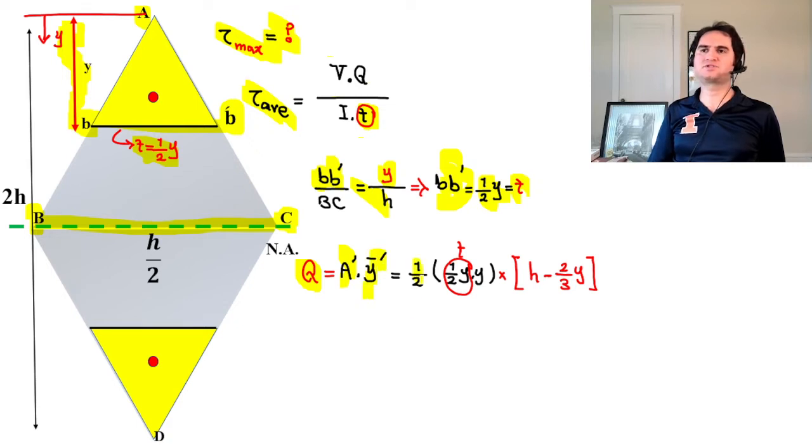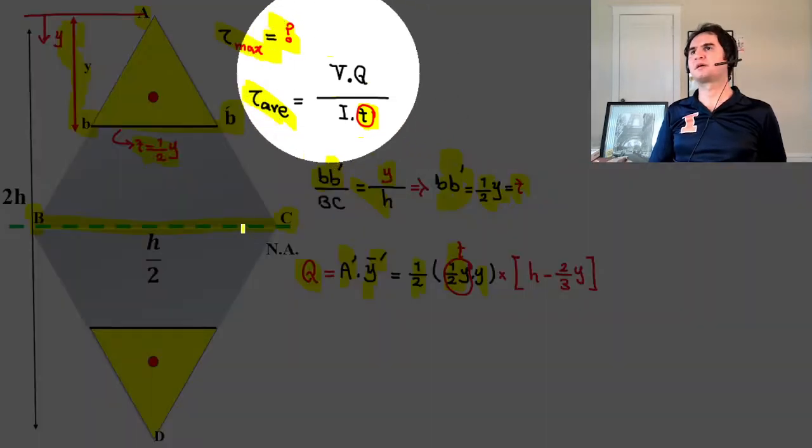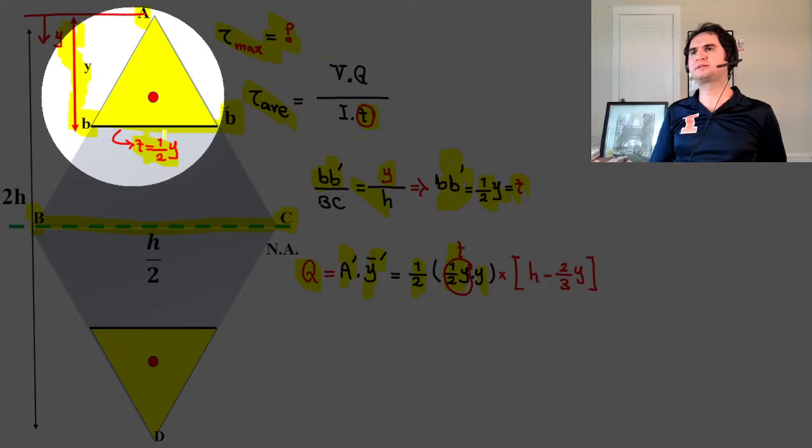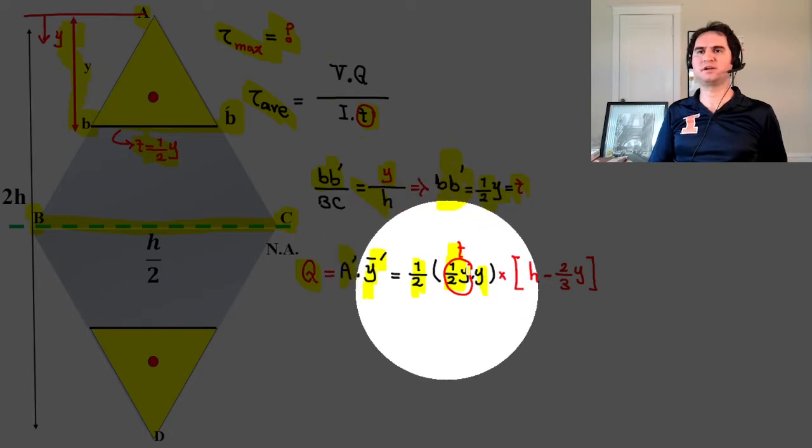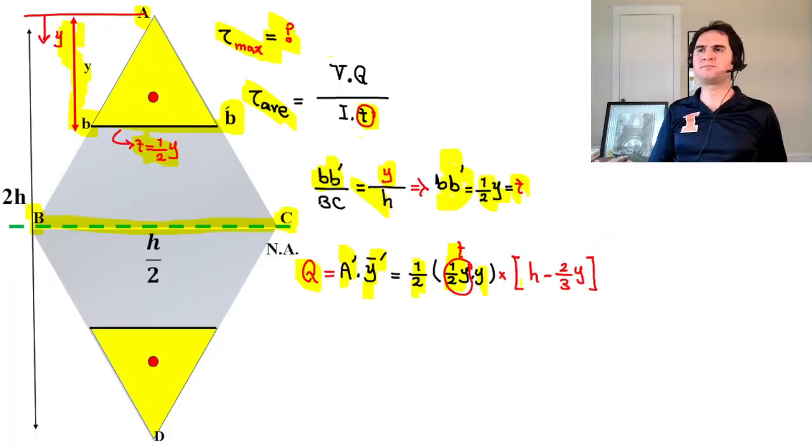A prime is simply a half of base, which is T, times y. So that's a half of T times y times the centroid from the neutral axis, which is h minus 2/3 of y.